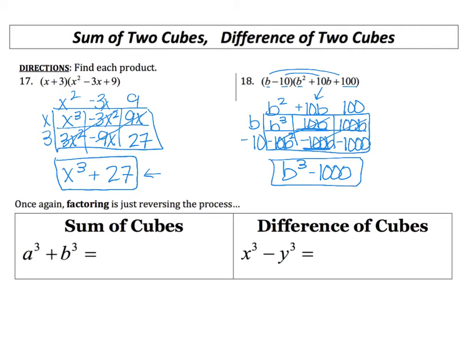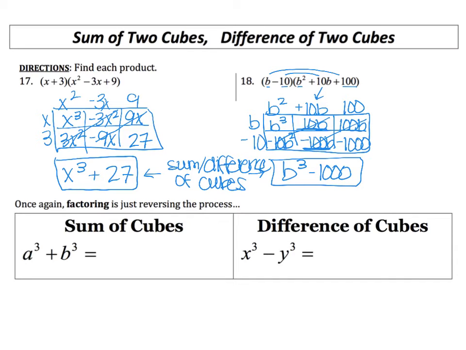How can I take things that look like these, a sum or a difference of cubes, and work backwards to figure out what that factors into every time? Factoring is just reversing that process.